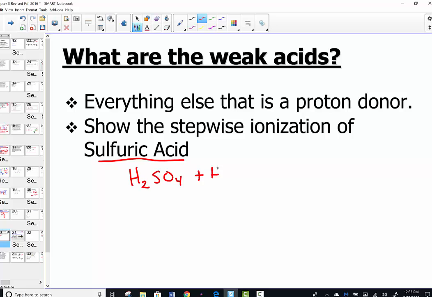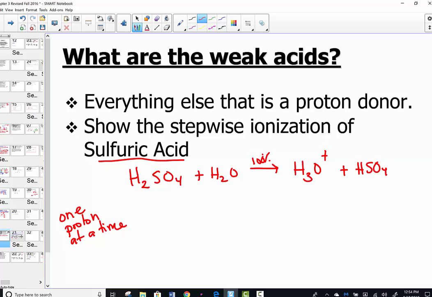When I place that into water, it ionizes 100%, but it only releases 1 proton at a time. So H2SO4 releases 1 proton 100% of the time. I have to transfer that to water. So I'm going to write hydronium and leaves you HSO4-1.